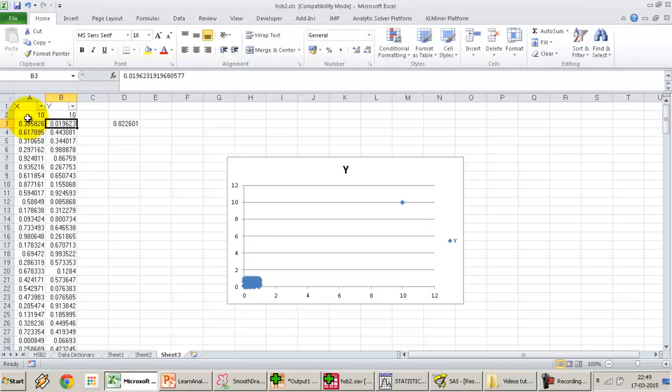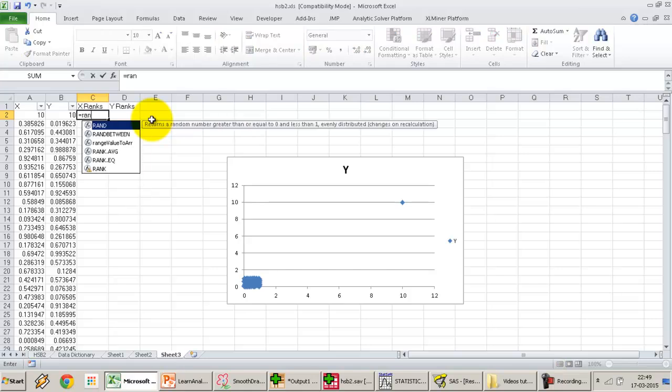But what if I started running this correlation on only the ranks? So I create the variables again, x ranks and y ranks, and let's generate the ranks for these observations.